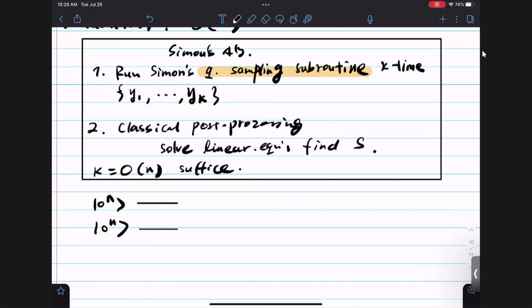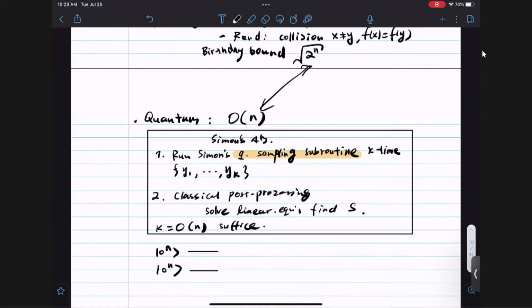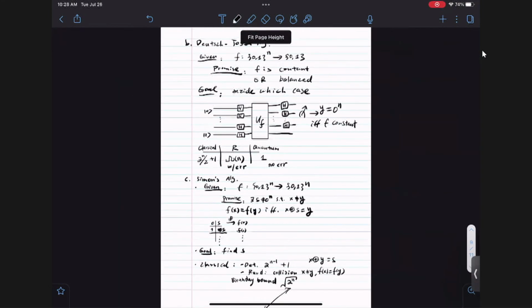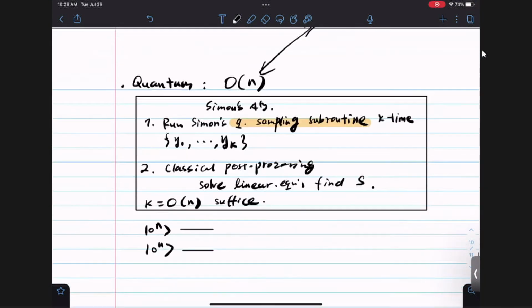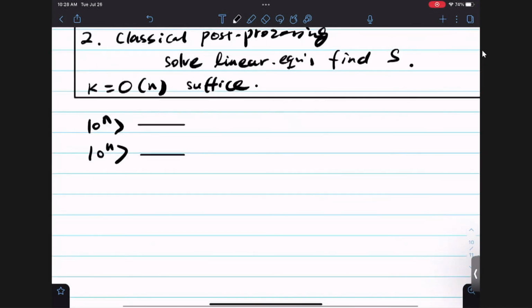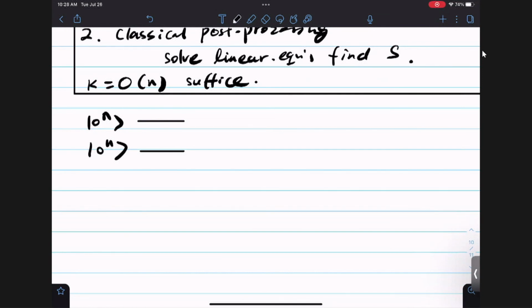And what would you do? Maybe I can remind you of the previous two algorithms to give you some hints, some inspiration. What kind of quantum circuit can you think of? What should I apply to the top n qubits? Hadamard, right? We don't have many options.